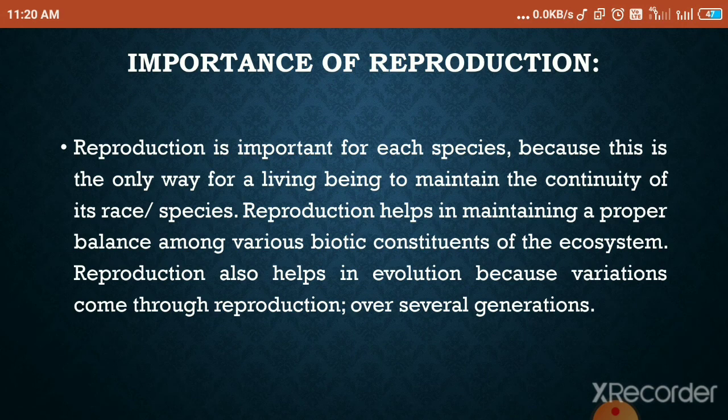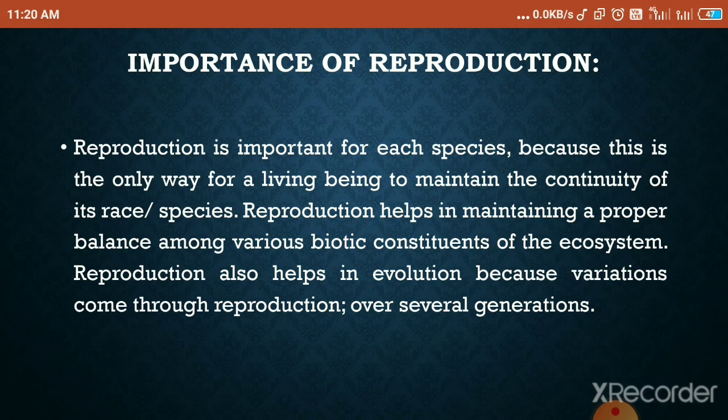It helps to maintain the continuity of life, and also maintains balance in nature and between the various components of the ecosystem. Reproduction also helps in evolution, because by sexual reproduction, variation is brought about in the generations, which helps in the formation of new generations.